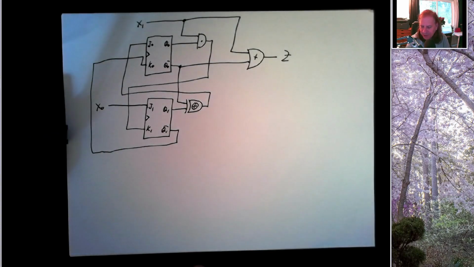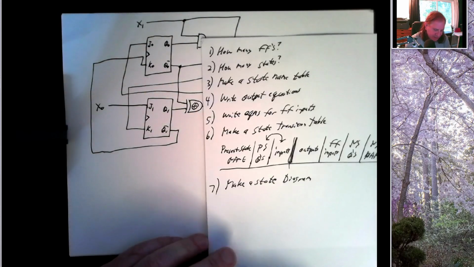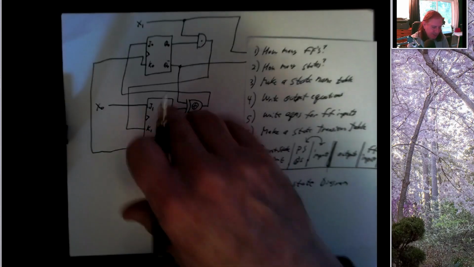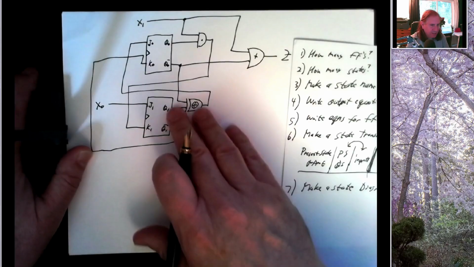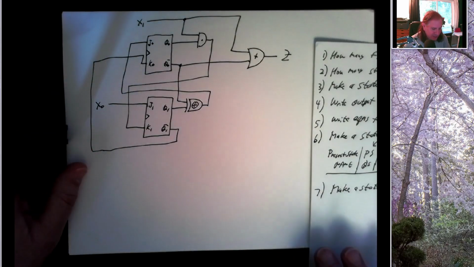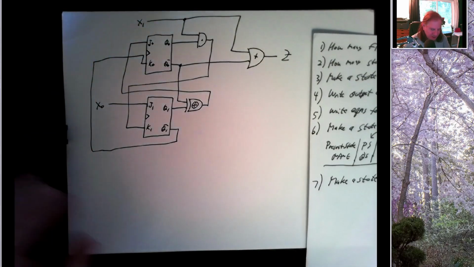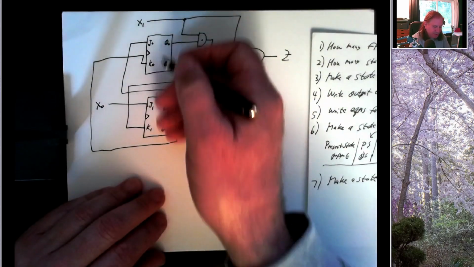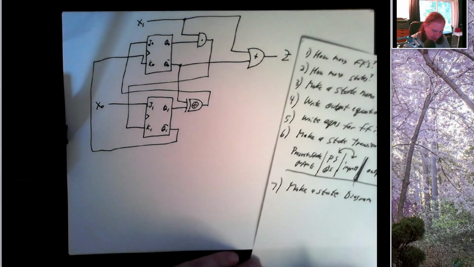And we're going to apply this set of steps to come up with a state diagram showing us how this system changes each time that the clock ticks. The clock takes the inputs of the flip-flops, updating the outputs accordingly.